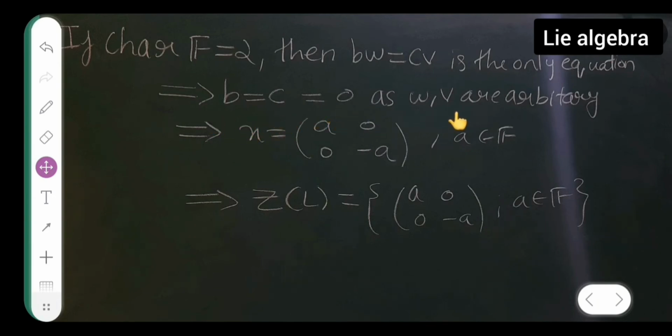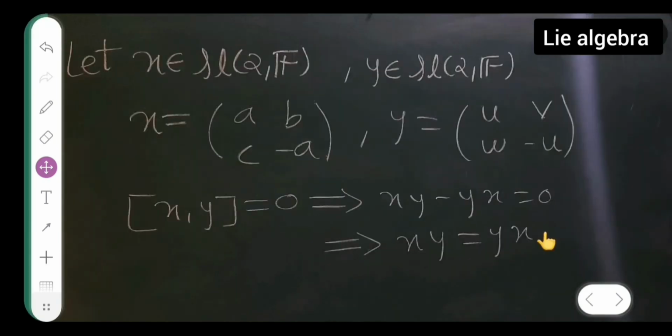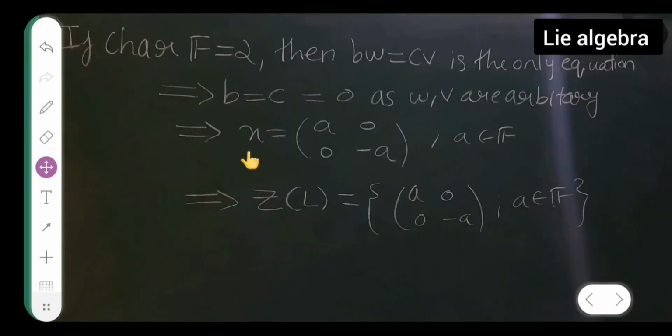Hence W, V are arbitrary. Now this implies X is equal to, let us see what our X was before. This was our X, A, B, C, minus A. Now the value of B and C is 0. So X is equal to A, 0, 0 and minus A. That's what I have written over here.